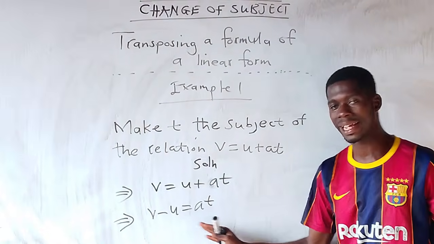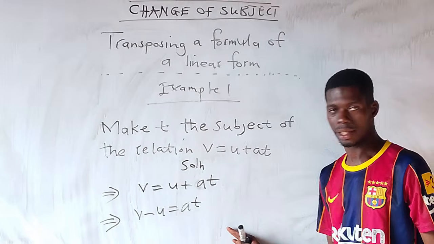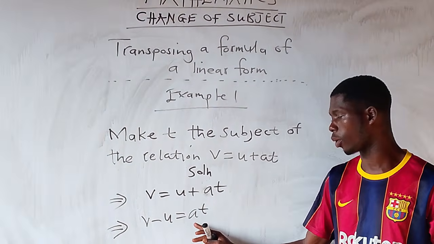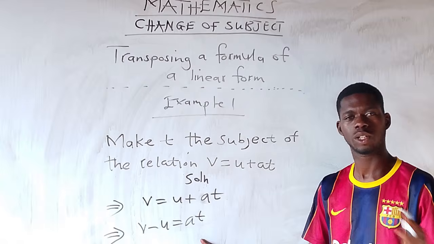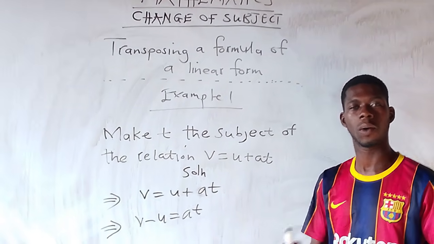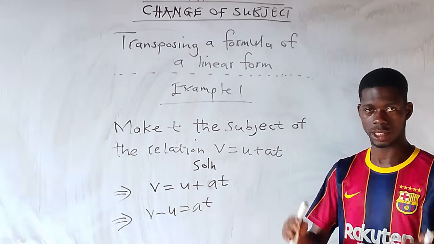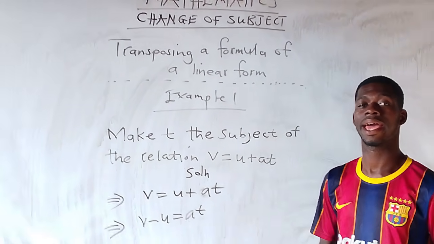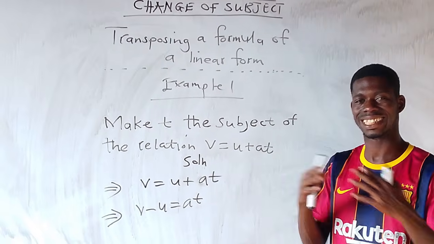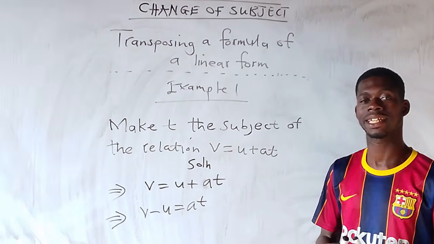Now we are making T the subject, and the T is attached with the A. So we're supposed to divide both sides of the equation by the coefficient of T. What is a coefficient? The coefficient is the letter or the alphabet which is attached to the letter we are making the subject.